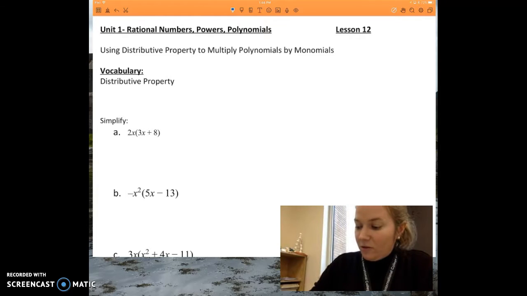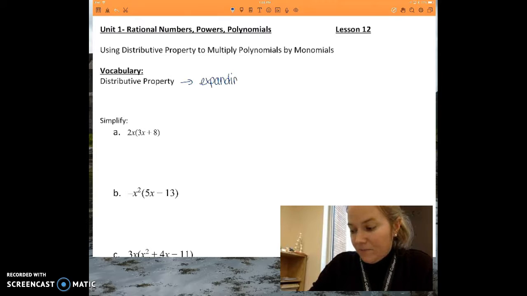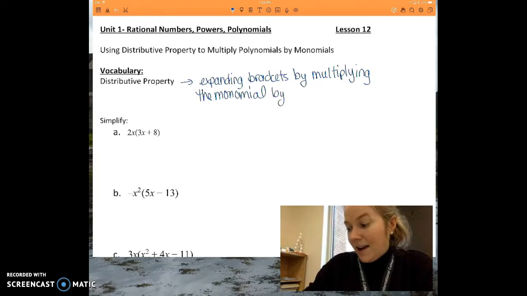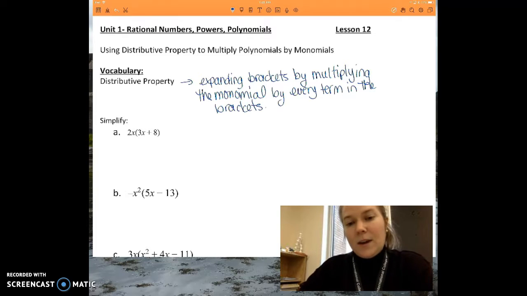With the distributive property, we're going to be expanding brackets by multiplying through the monomial by every term in the bracket.